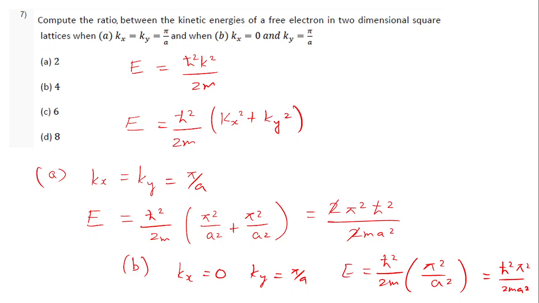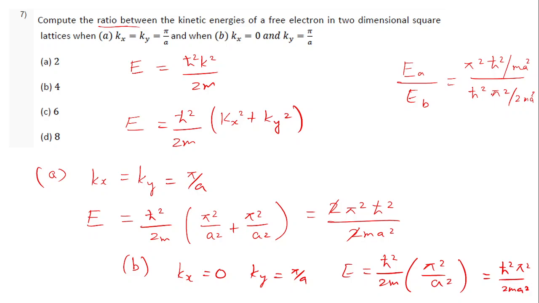We have to find out the ratio of the kinetic energy of the free electron for case A and case B. For case A, the energy was pi square h bar square divided by m a square, and for case B, the energy expression was h bar square pi square divided by 2m a square.